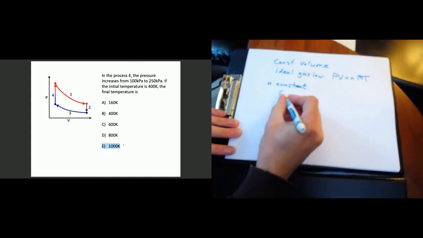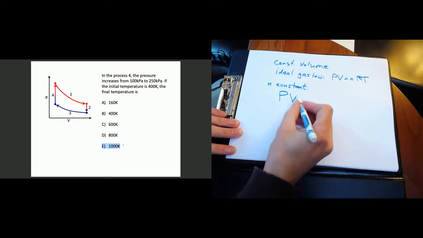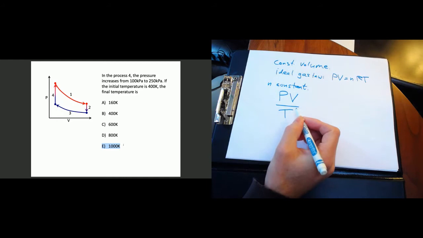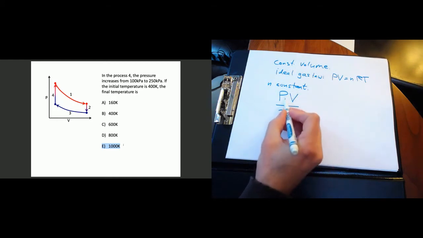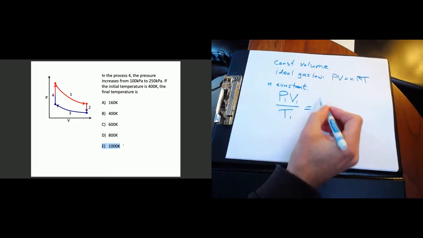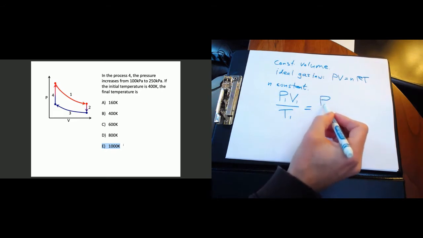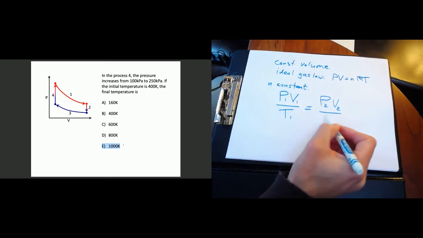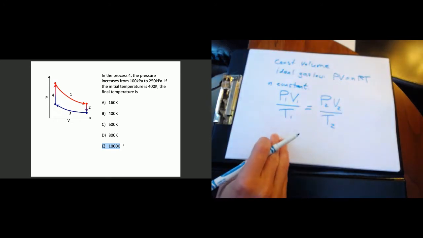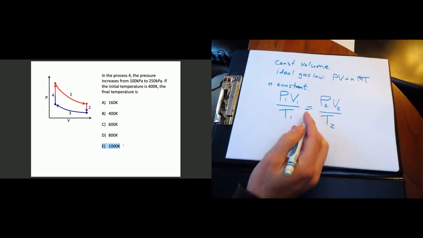And so that means that if I take the combination PV over T, that will also be a constant during our process. And so P1 V1 over T1 is always going to be equal to P2 V2 over T2. And this holds for any kind of process where the number of moles of gas is remaining constant. So any of our types of processes.